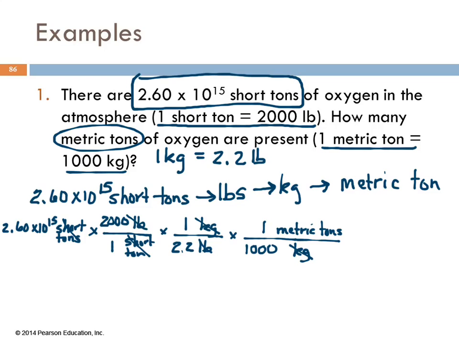Now we have it all set up for us. Start at the left, go to the right. Multiply by the top, divide by the bottom. So I've got 2.60 EE 15 times 2,000. If you want to divide by 1, you may. Times 1 divided by 2.2 times 1 if you want.